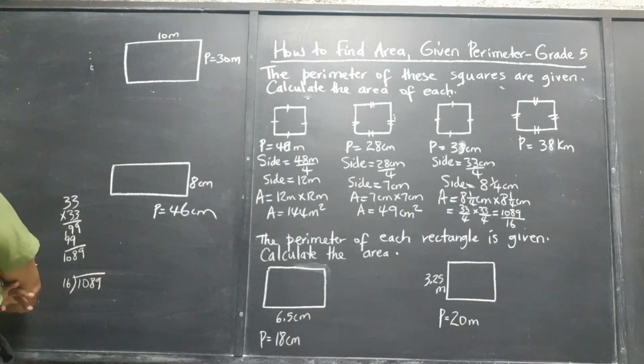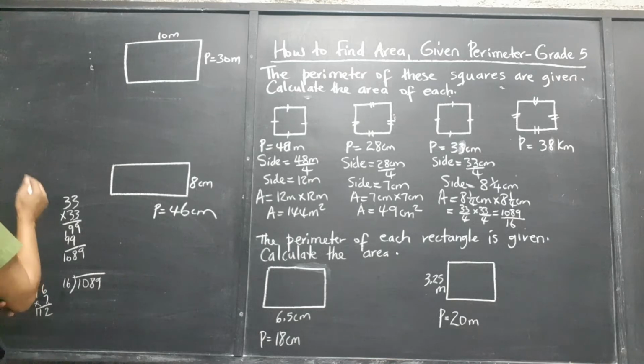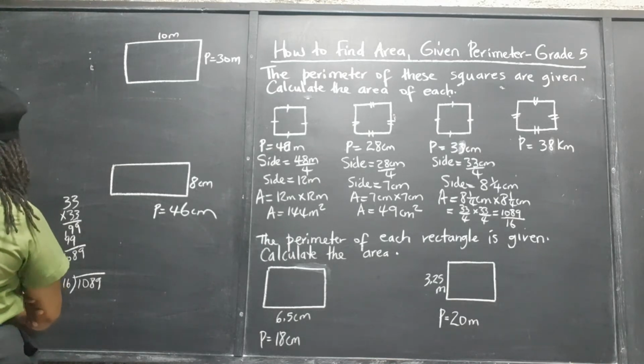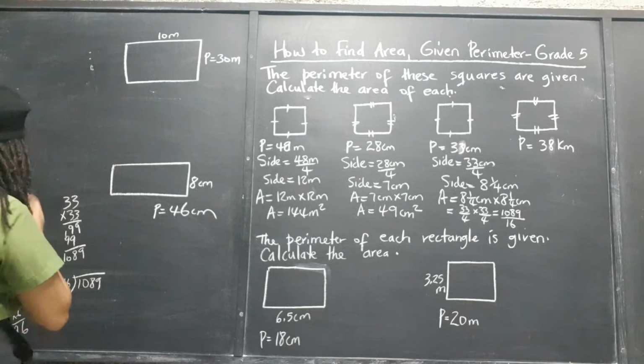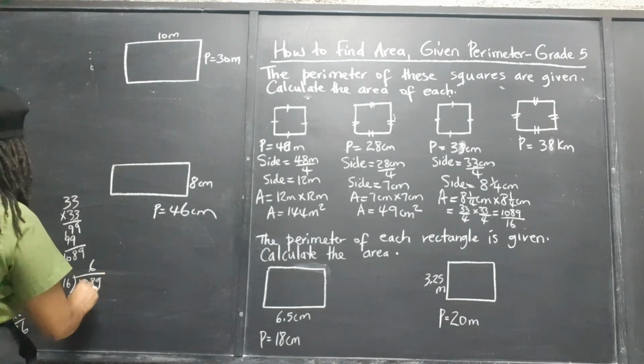Okay, so it's not 9. Let's try 7. 7 6s are 42, 7 1s are 7 and 4, 11. Okay, so it has to be 6. So 16 into 108 goes 6 times.